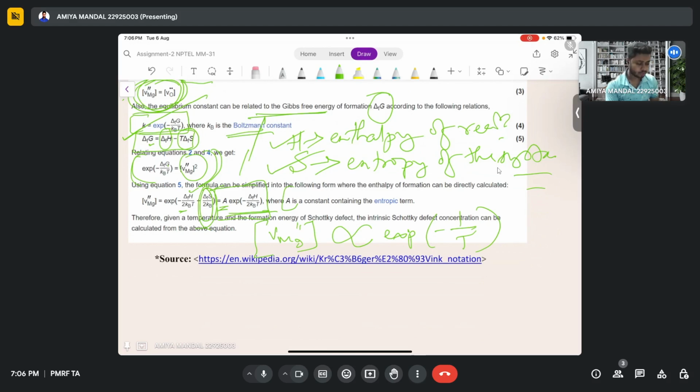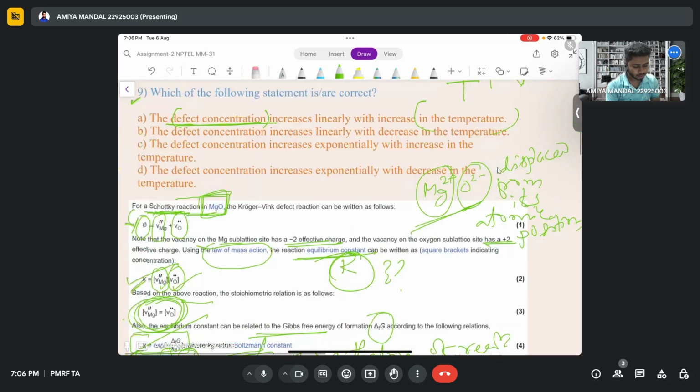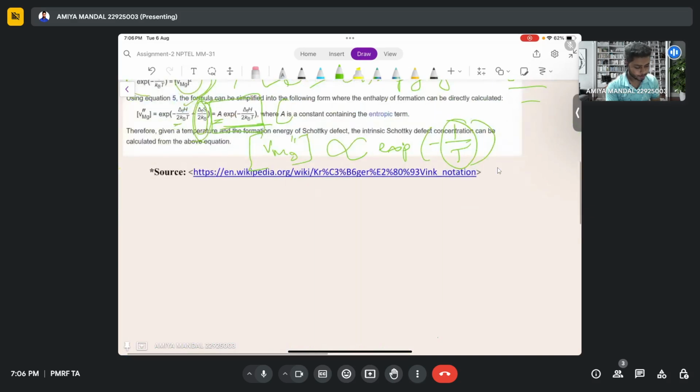In the exponential, when temperature is increased, this term will decrease, but the concentration will exponentially increase. Temperature increases, the vacancy concentration increases.